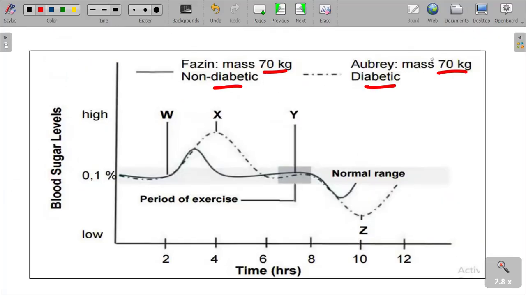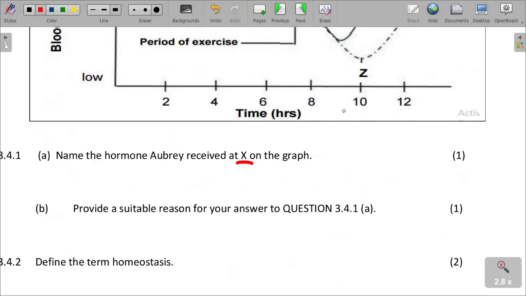Aubrey is this one, and he received a certain hormone at X, which caused the sugar level to go to normal. The hormone which controls sugar level is insulin.